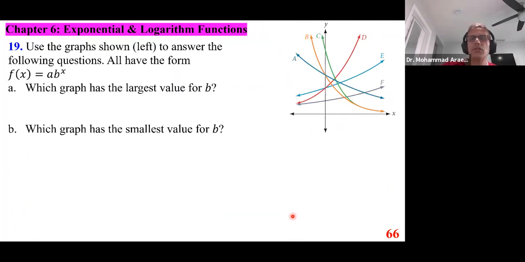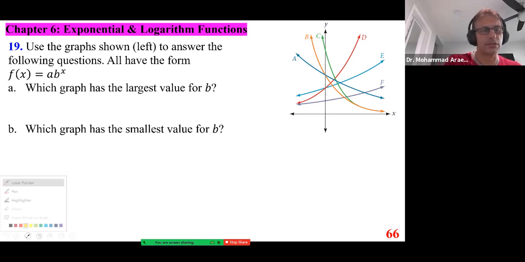We are given a bunch of exponential functions. I'm going to remind you in general that the base must be positive, class. Okay, when the base is positive, looks like that. When the exponential growth is like DEF, and if it's negative, looks like ABC. Okay, so let's just do this.